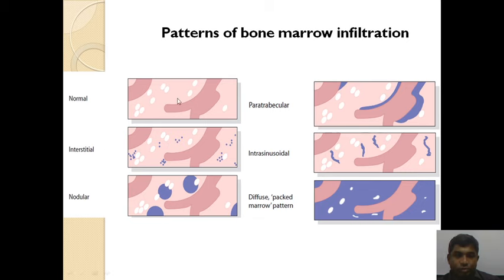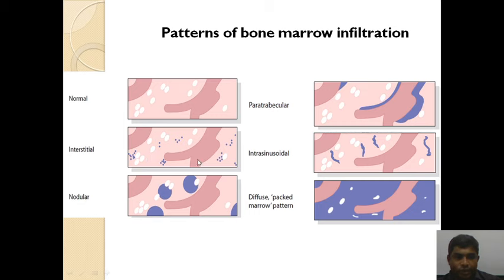So this is a normal bone marrow where you have hematopoietic cells and fat. When the involvement is paratrabecular, you can see these blue lymphoma cells. They are attached or adjoining the bony trabeculae. So this type of involvement is a paratrabecular involvement. Interstitial is one where it is away from the bony trabeculae and in the bone marrow spaces.